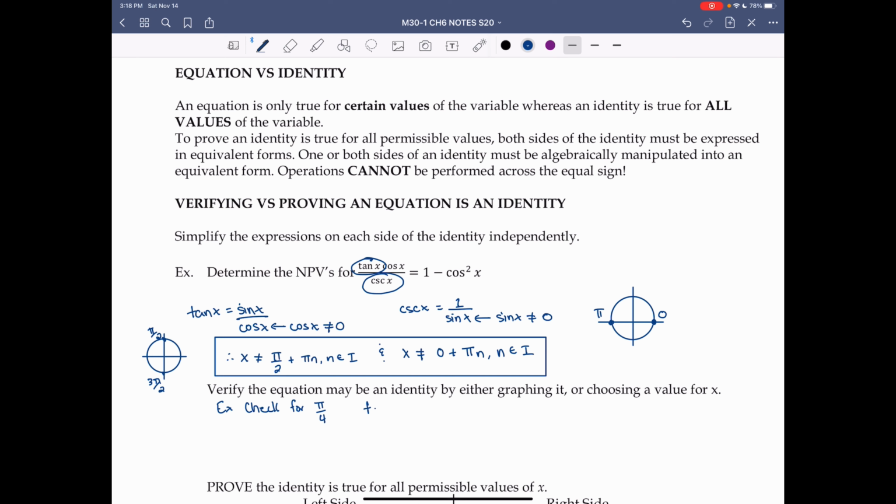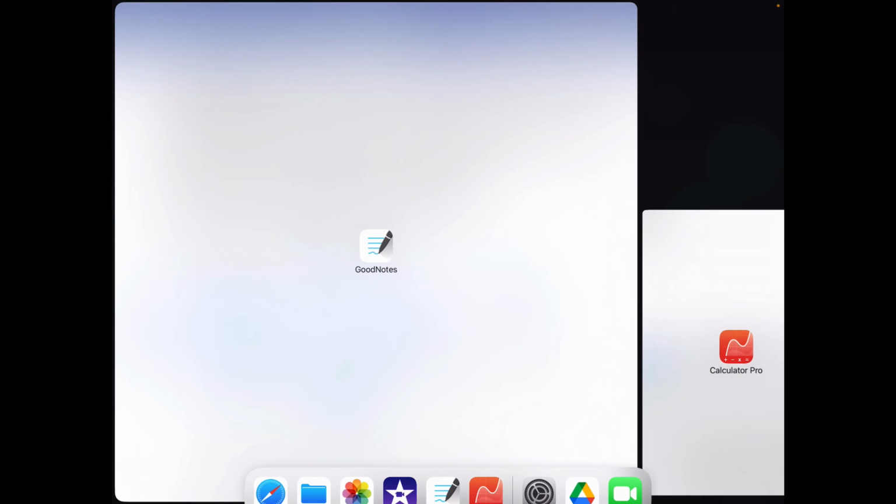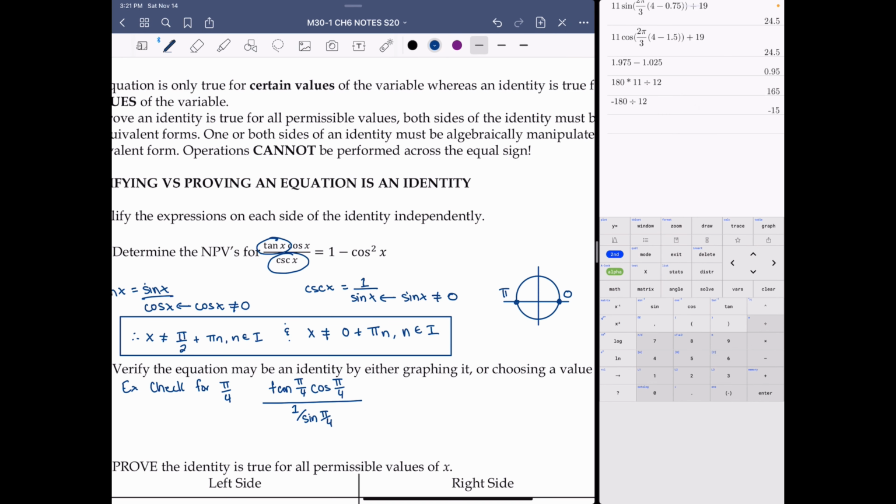Then we have tan of pi over 4 times cos of pi over 4 divided by 1 over sine of pi over 4. And here it's not asking us to do anything algebraically, so we can use our graphing calculator. I need to be in radian mode, which I am, and then I want to do a fraction.